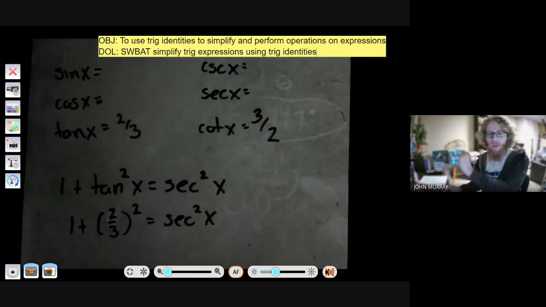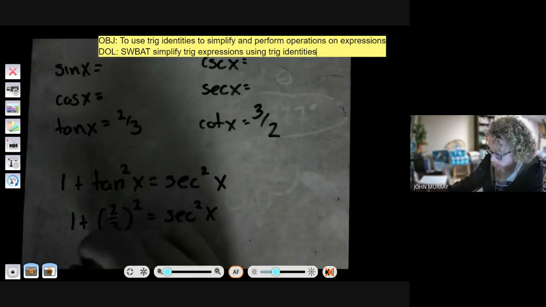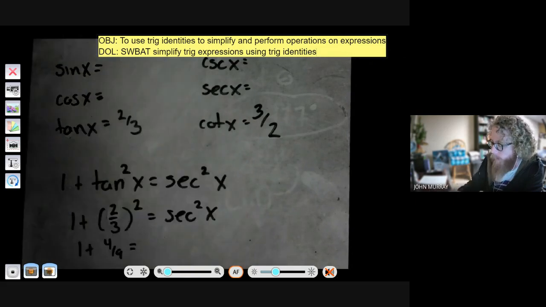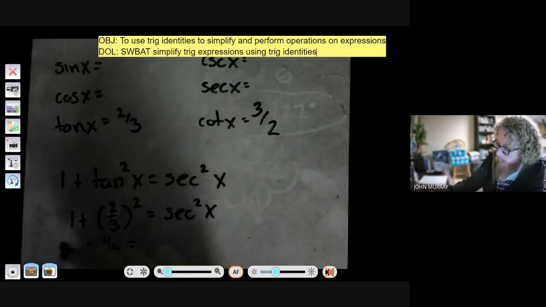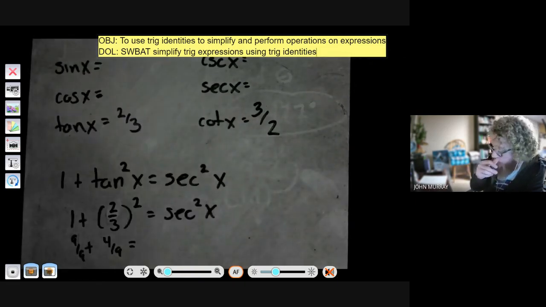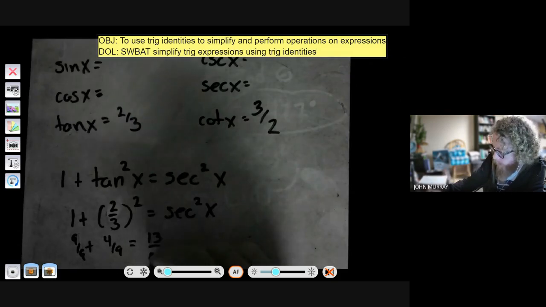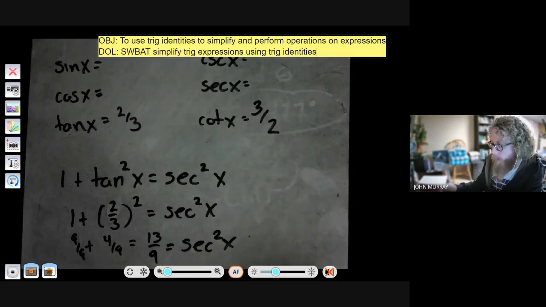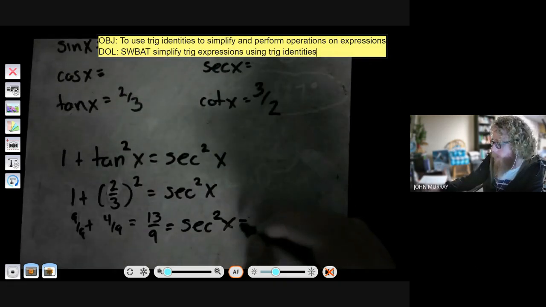So we have 1 plus 2/3 squared, which would be 1 plus 4/9, which gives me, if I make this common denominator, 9 over 9. So this gives me 13/9 equals secant squared. So we take the square root.